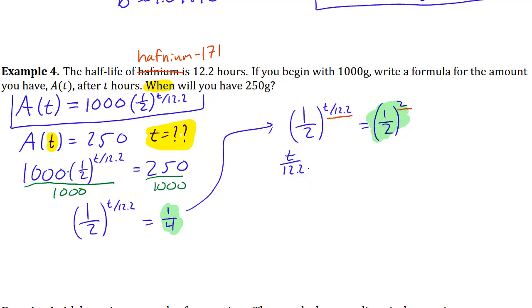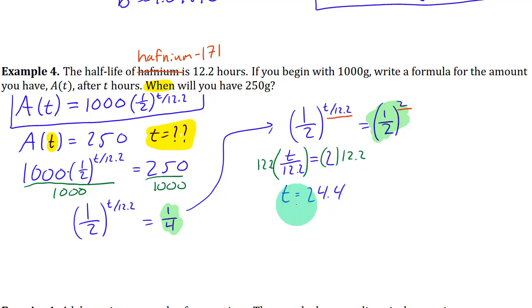So t divided by 12.2 should be equal to 2 here to make both sides of this equation equal. So now you can just multiply both sides by 12.2. You get 24.4.